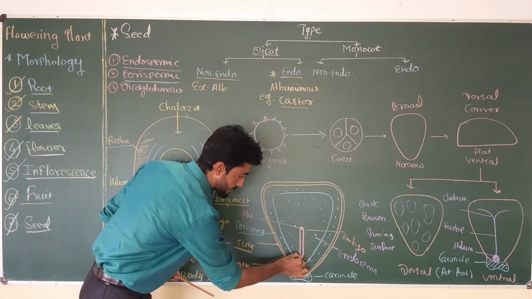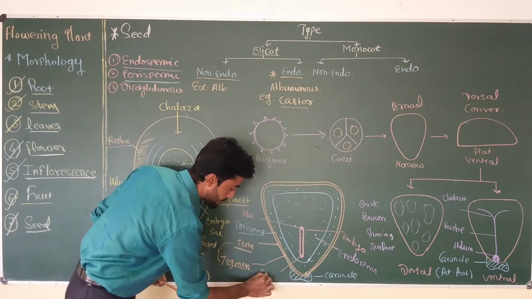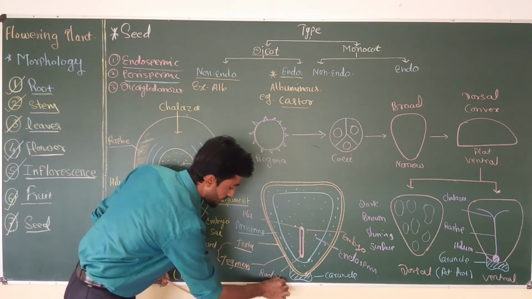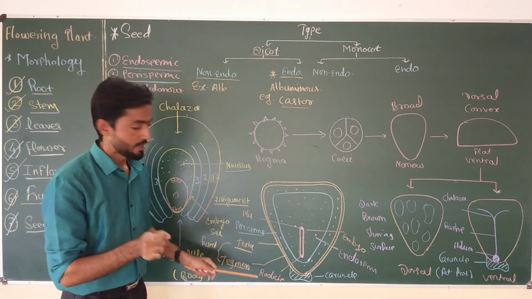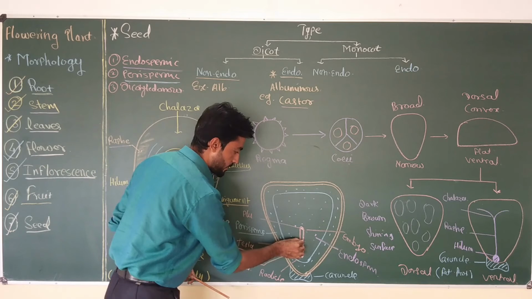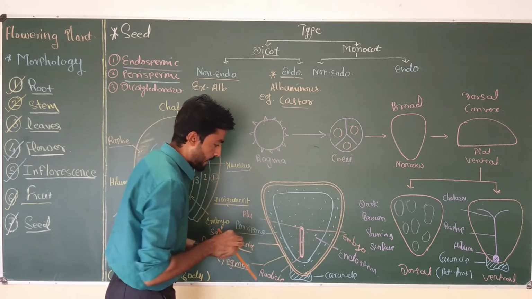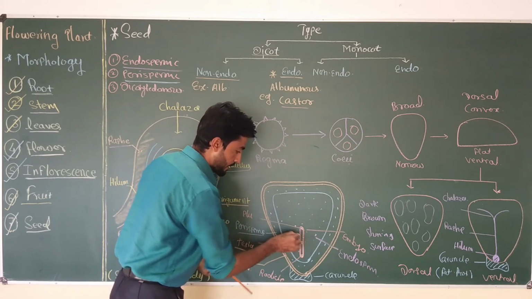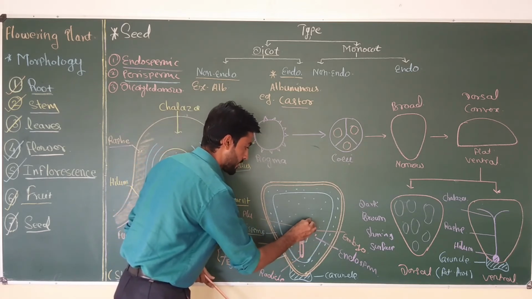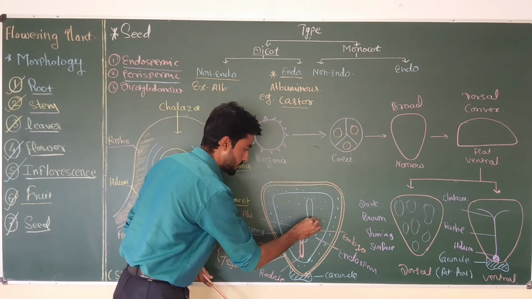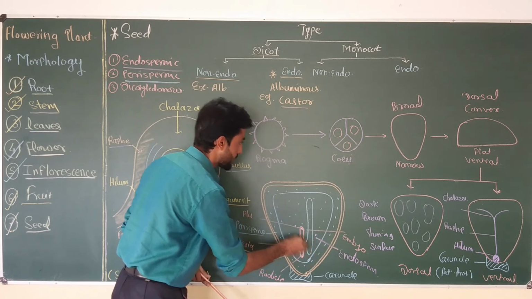The lower point of the embryonal axis is called radicle. After seed germination, the radicle produces the root system. And at the center of the embryonal axis, the embryonal node is present, and from this node, cotyledons arise.